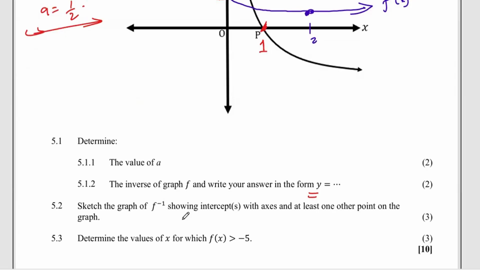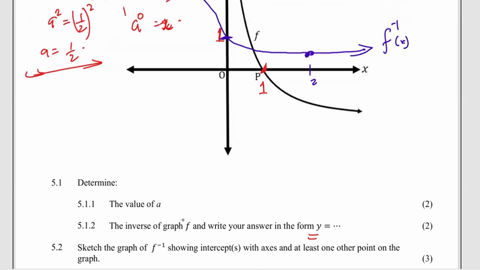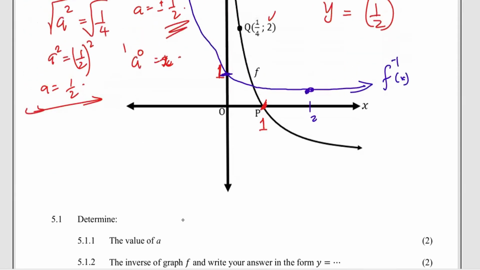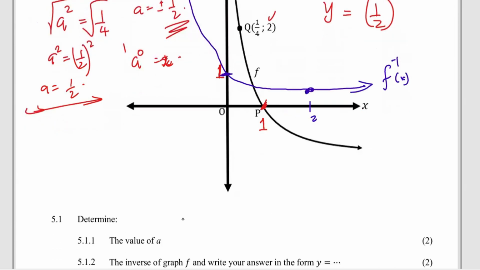Okay, then determine the values of x for which f of x should be greater than negative 32. Now, for f to be greater than negative 32, I need to solve for x, okay? Remember, we're looking at f. I'm going to use the inverse, okay? The inverse is telling me negative 5, so my y is going to be a half to the exponent of negative 5, meaning that my y is going to be 32. So we're focusing on the 32 that is there.